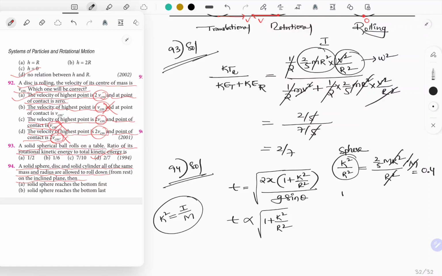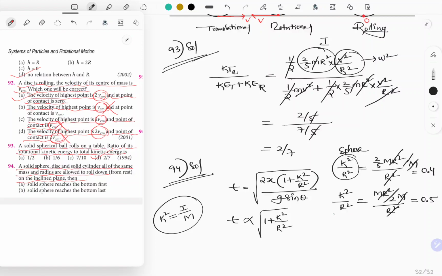Next, disk. For a disk, k square by r square ratio: moment of inertia is going to be mr square by 2, divided by m, by r square. mr square will get cancelled. It is going to be 0.5.